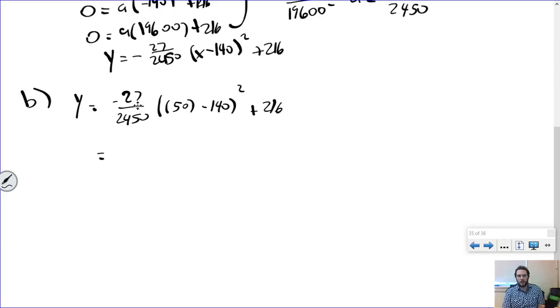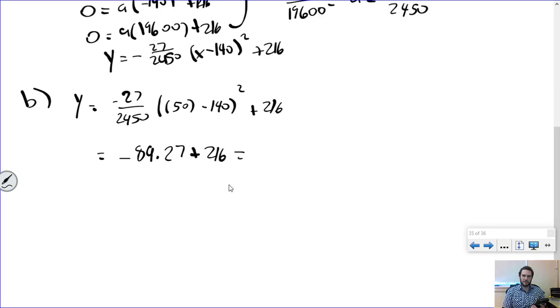So I grab my calculator. I get 50 minus 140, square that answer, and multiply it by negative 27 over 2450, and we get negative 89.27.